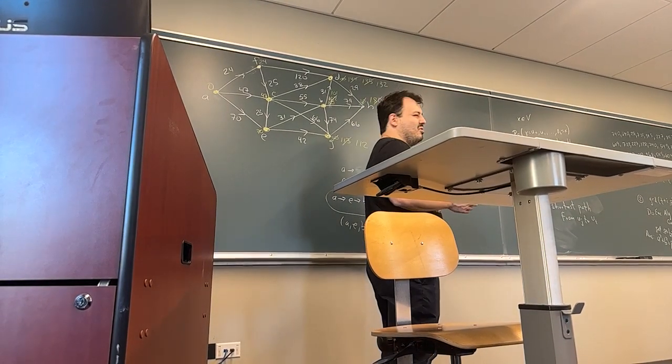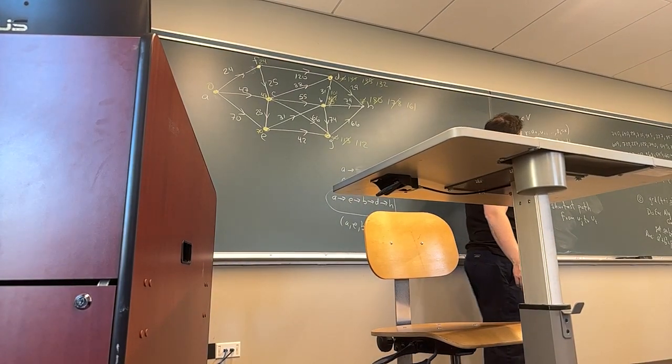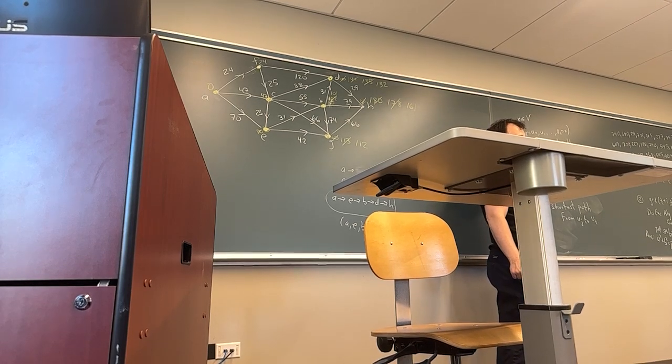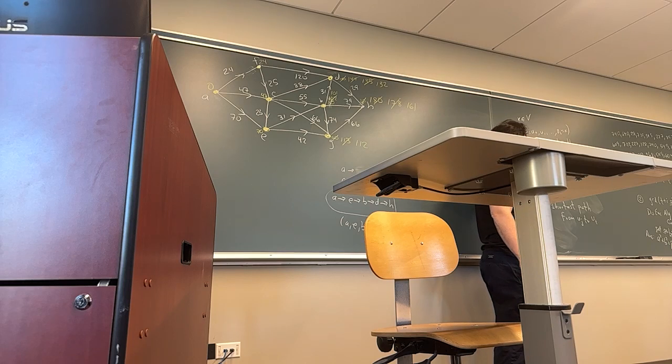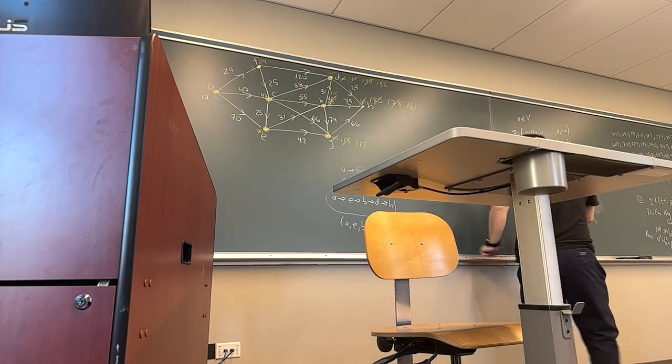So this is pretty easy to prove. If you had a shorter path from U0 to Uj, then just do that path, connect it with this, and you have a shorter path from U0 to X. Right?